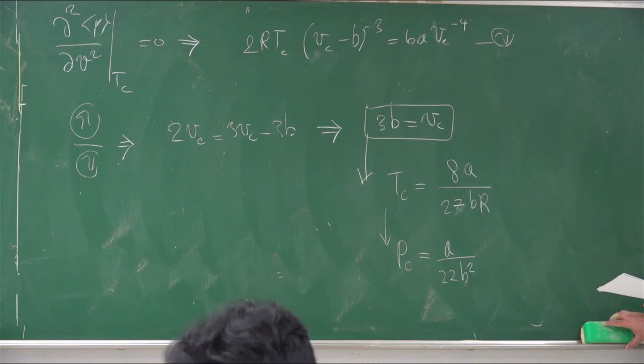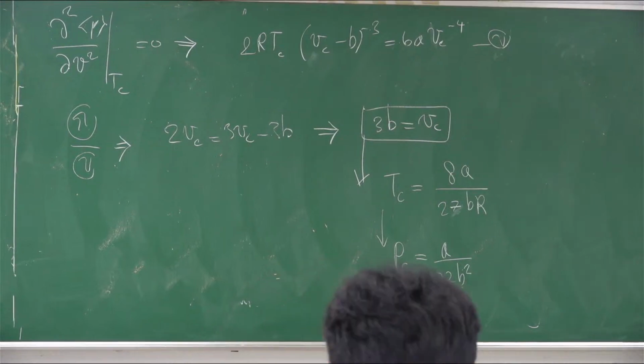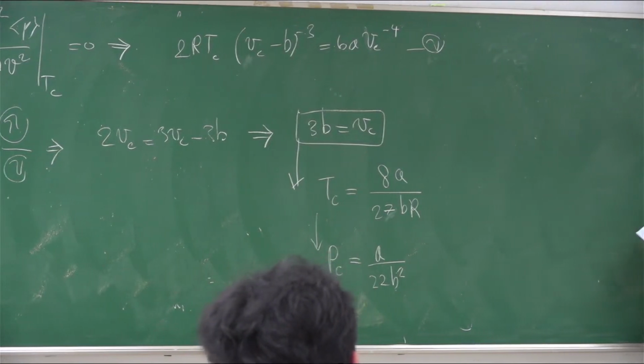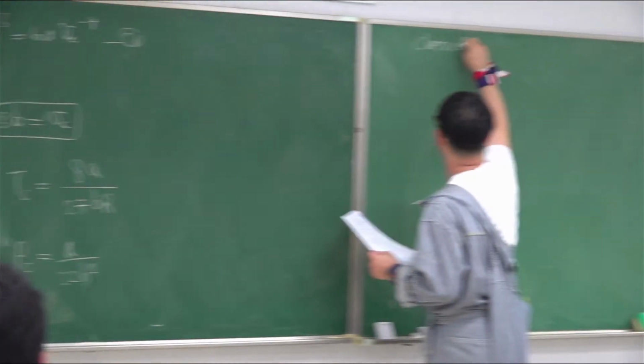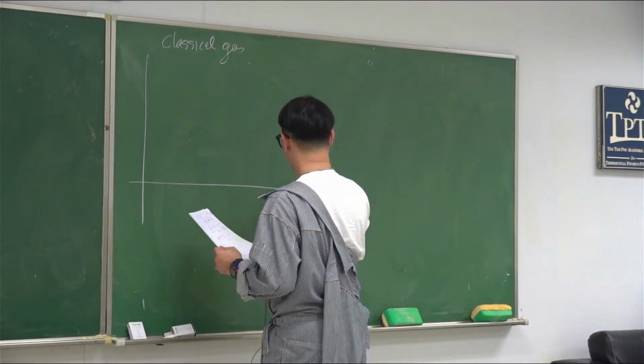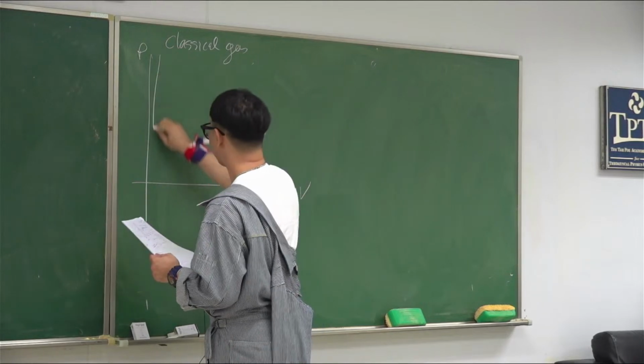Okay, so here comes the final part, the last part of this, the non-ideal classical gas. For the classical gas, if we have a PV diagram, you have this kind of curve.